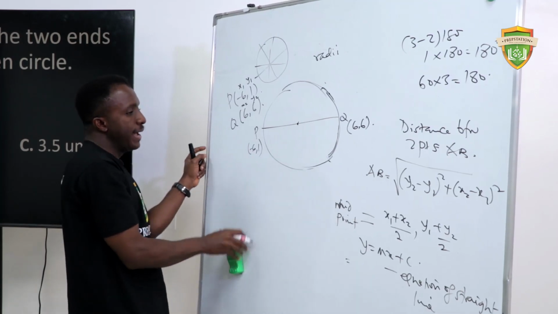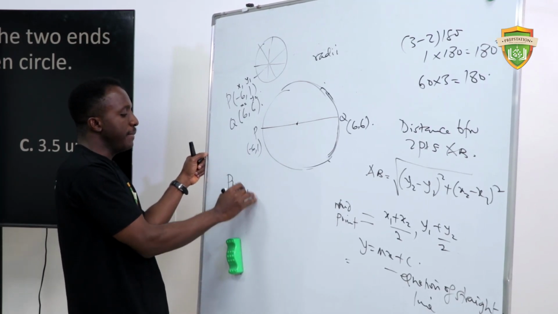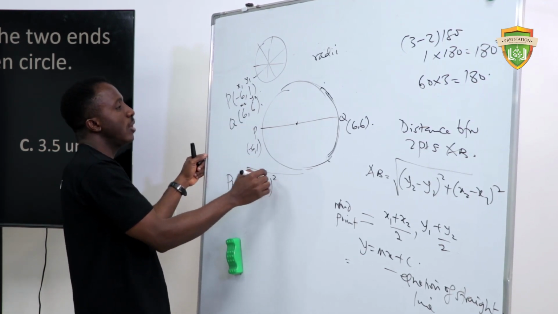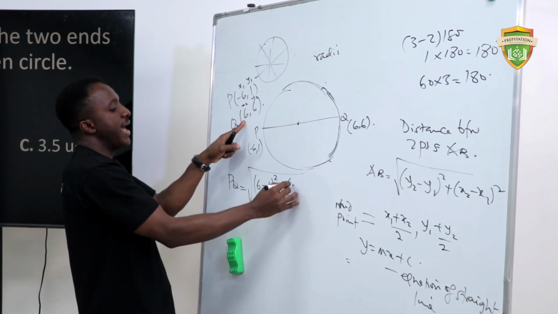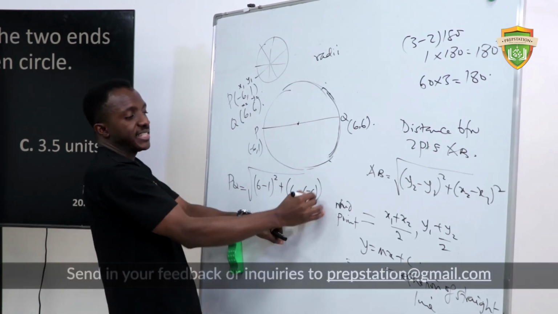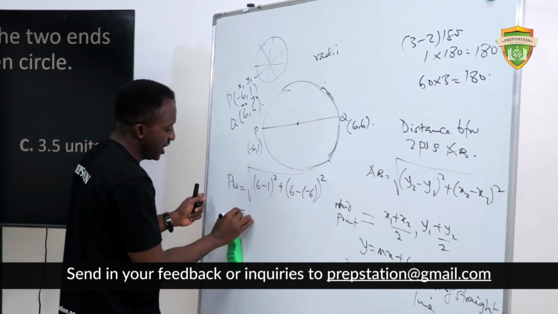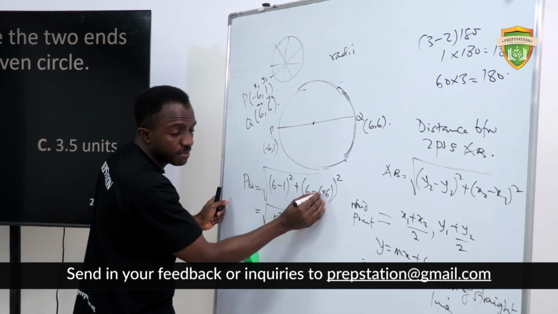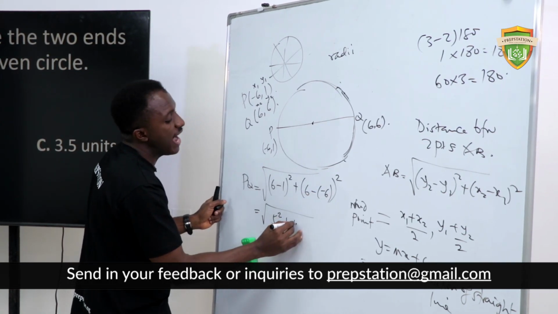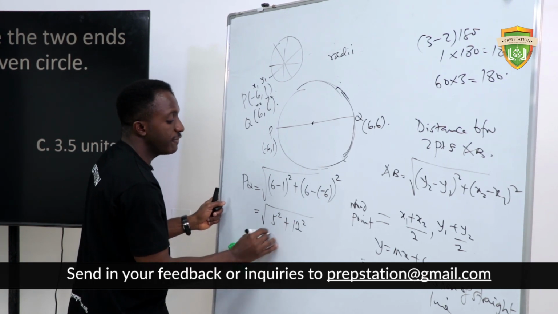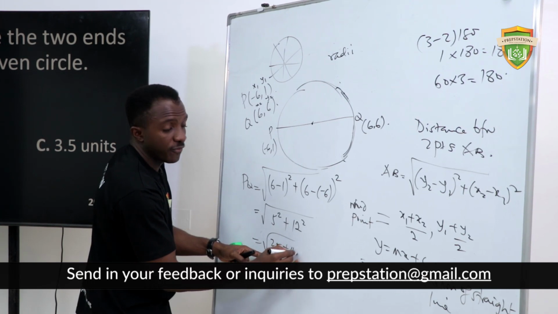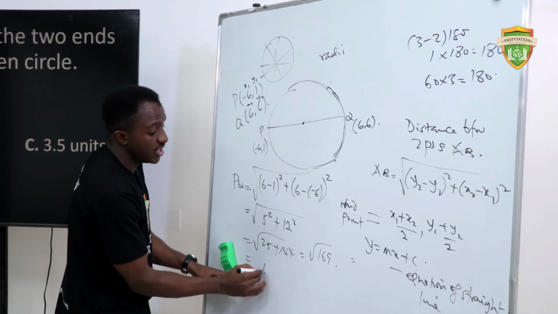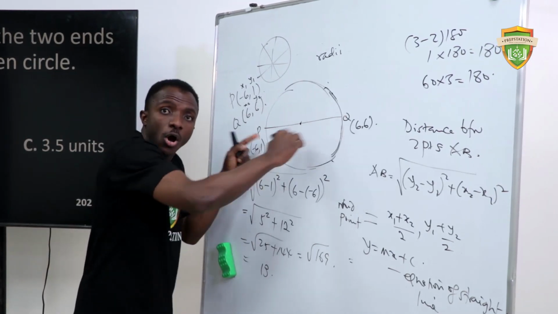PQ will simply be the square root of y2, 6 minus 1, all squared, plus x2 minus x1, 6 minus minus 6, squared. This gives the square root of 5 squared plus, minus times minus is plus, 6 plus 6 is 12, so 12 squared. 25 plus 144 is 169, and the square root of 169 is 13. That is the length of the diameter.